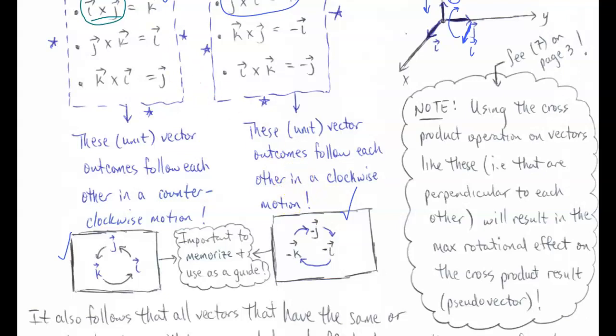So, for instance, let's say I want to do J cross K. Well, if I do J cross K, the result is I. If I wanted to do K cross I, then I start at K, I do K I, and then I move to the next one. So K, let's try that again. K cross I is going to lead to J.